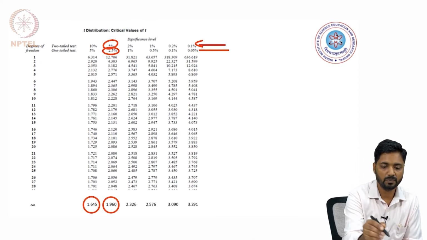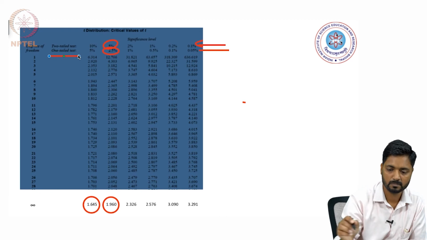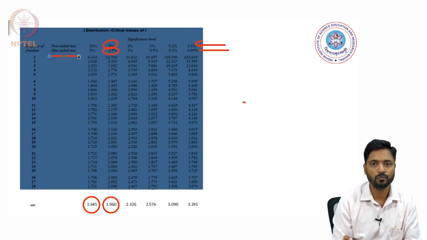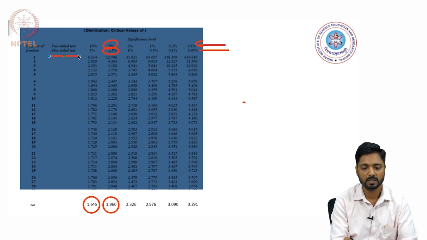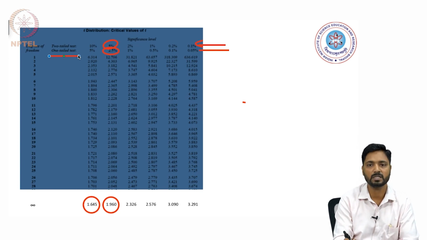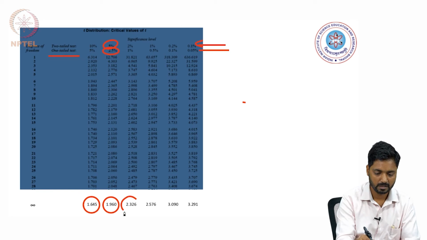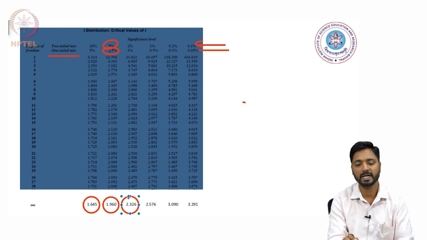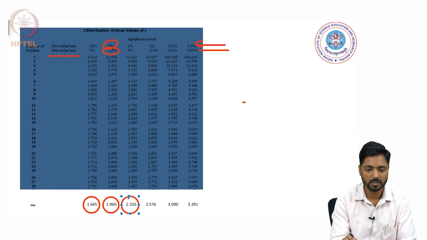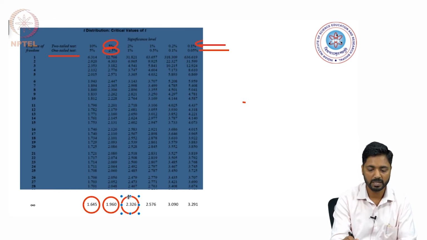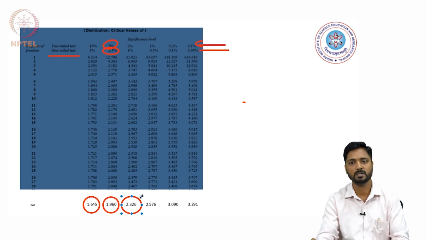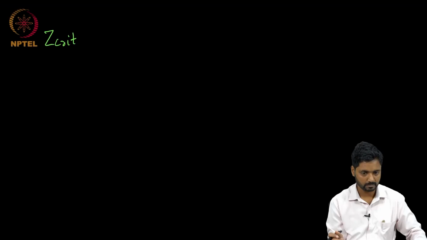We are using the one-tailed test, and we want to see the 1% significance level, which is the 99% confidence level. So, our z value is 2.326.